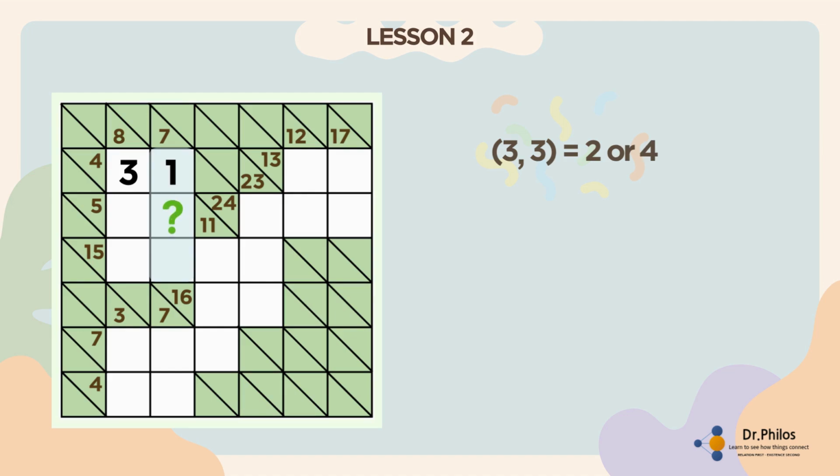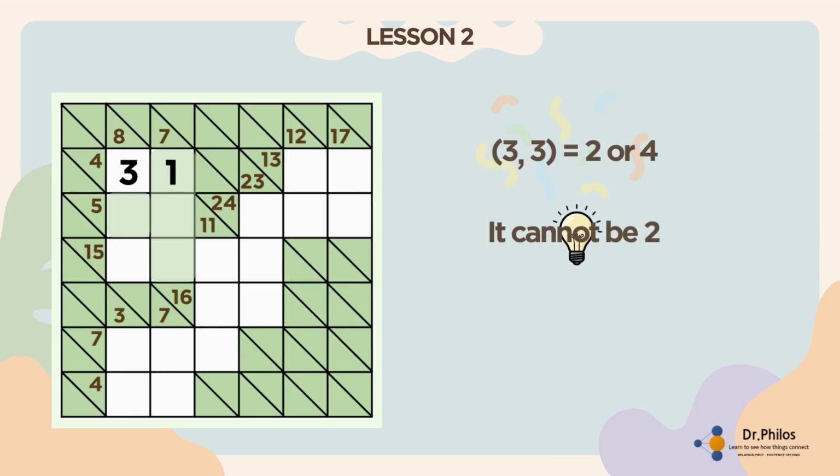What do you need to examine to figure out 3, 3? I have to look at both the column sum and the row sum that influence 3, 3. Looking at column 3, 3, 3 is 2 or 4, but looking at row 3, it cannot be 2. Why is that?